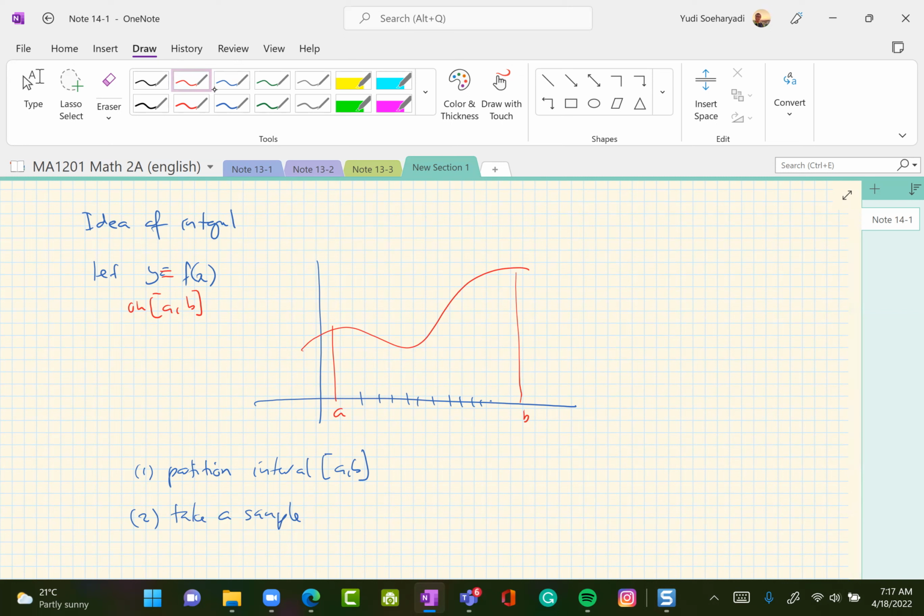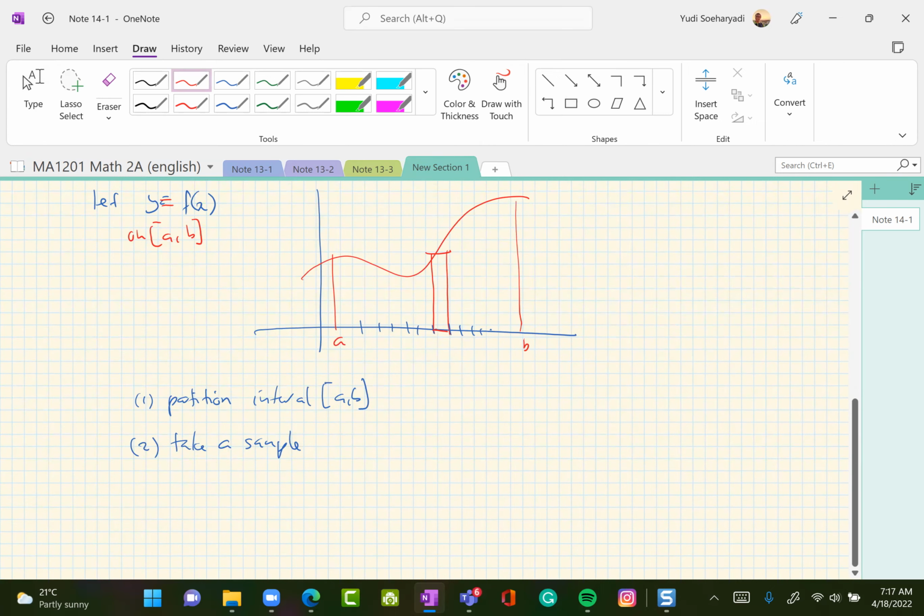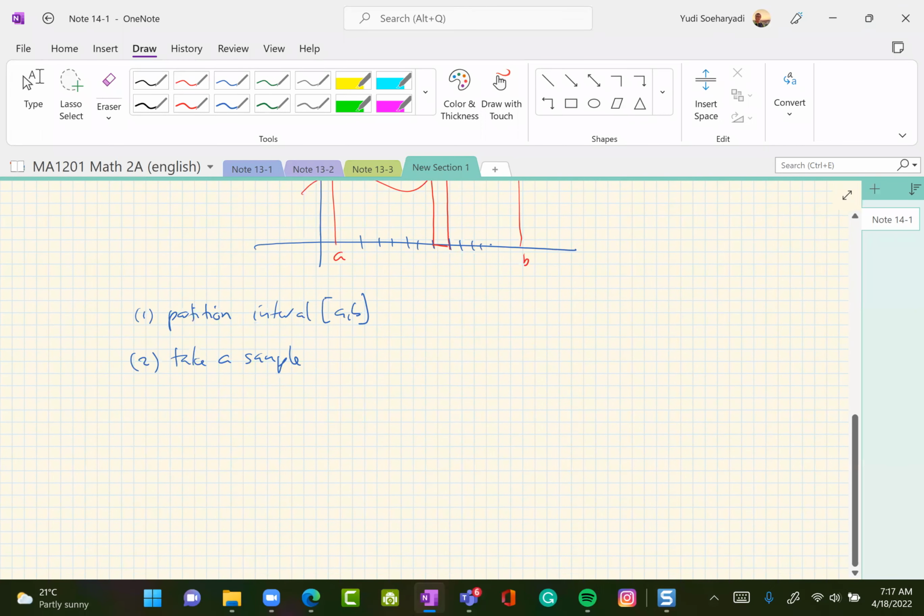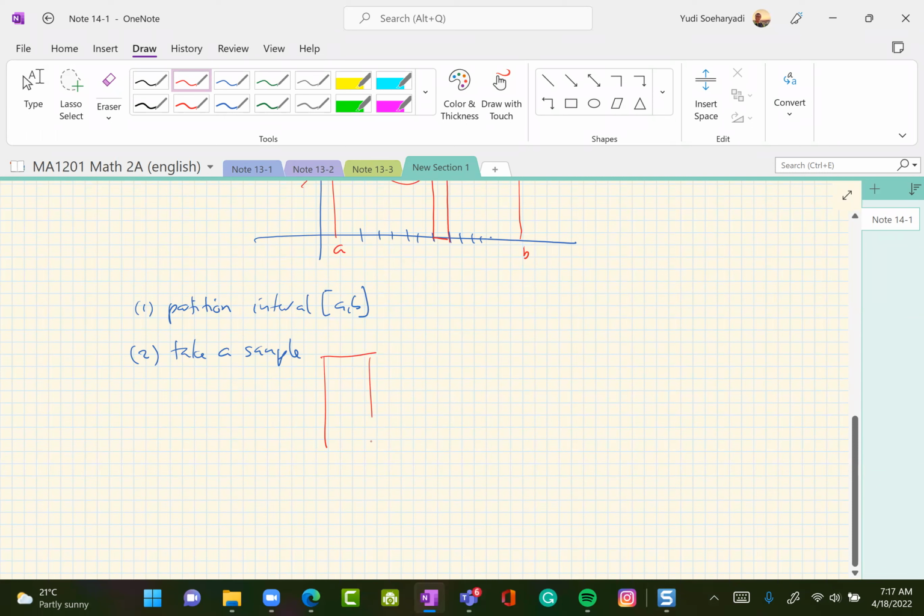Say this one. Okay. So this is the sample. So xj minus 1 to xj. And with the height is determined by the height of some representative of this subinterval.